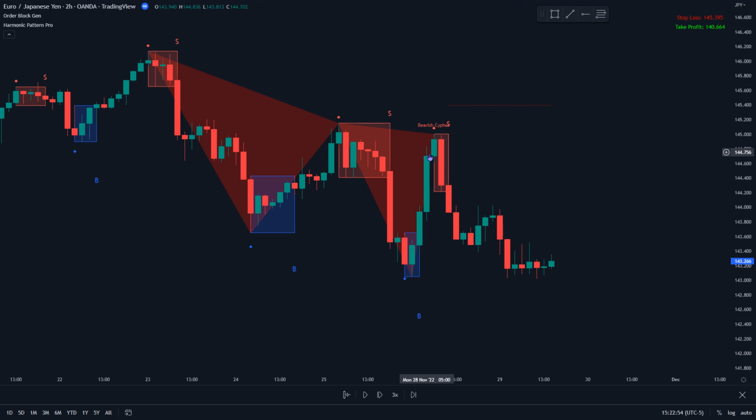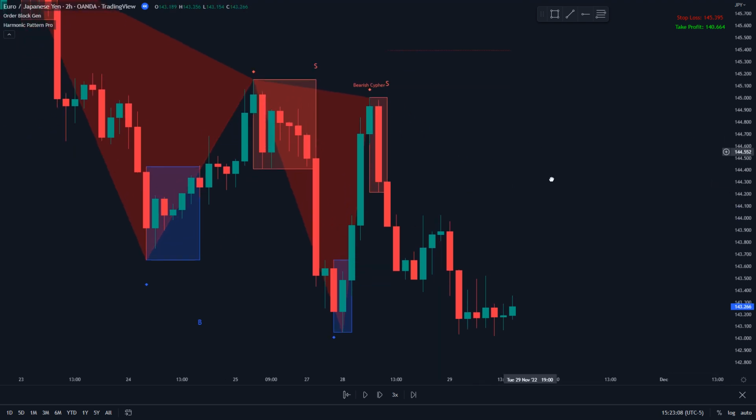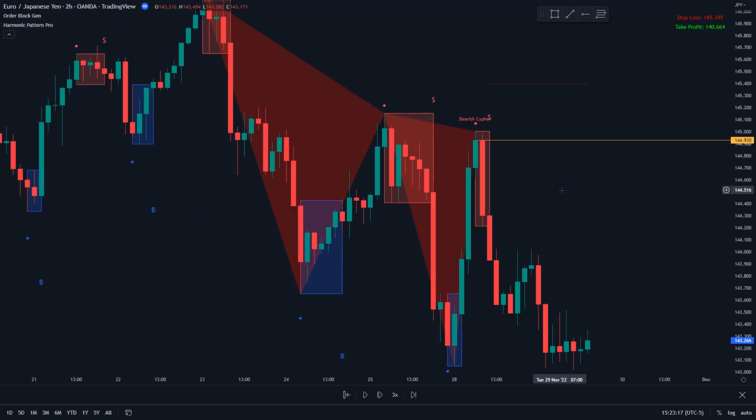So this order block has not yet formed. Again, we're kind of anticipating it to retrace some up into here, and we'll look to refine our entry at a future date. But I just want to show this here. So if I can mark that 7 a.m. price, and then we'll go into a lower time frame.